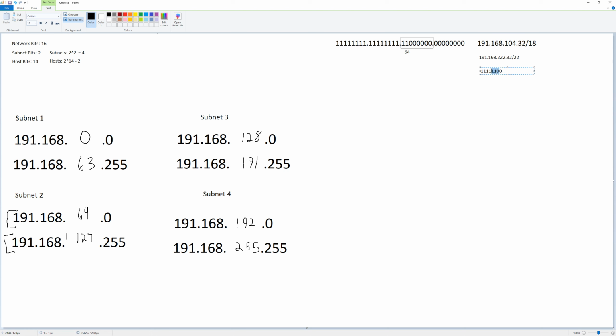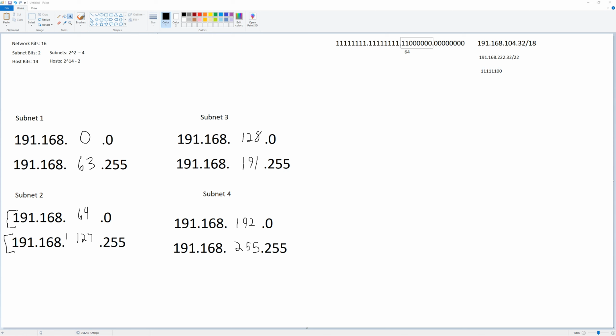Is that right? 1, 2, 3, 4. All right, so this is the octet of interest for the subnet mask. The magic number here is 4. So each of our ranges of subnets is only going to be a range of 4 in these instances.